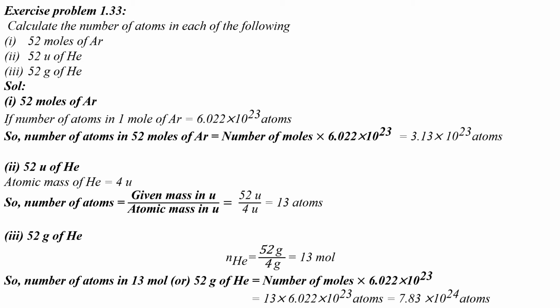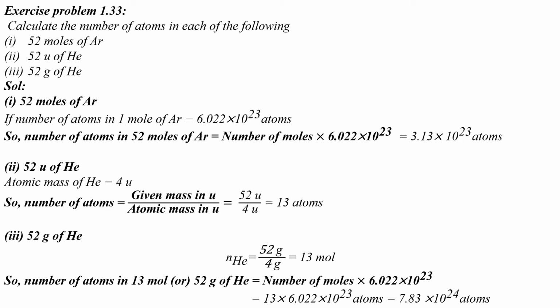Now coming to the last case, 52 grams of helium. We need to find out the number of atoms present in this amount of helium. Now look at the way in which mass of helium is expressed. It is expressed in grams. So we stick to the scheme discussed. In the scheme we said we must find out the number of moles if the mass of the substance is expressed in grams.